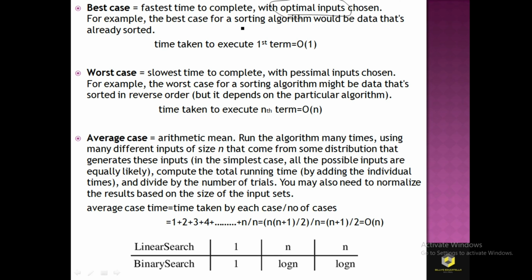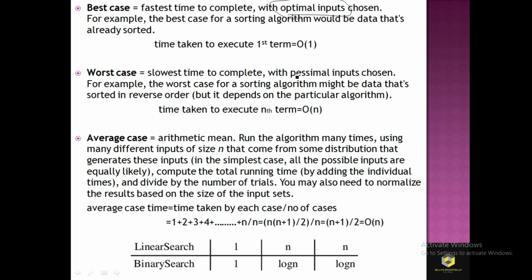For example, the best case for a sorting algorithm would be data that is already sorted. When the data is already sorted, the time complexity will be the best case scenario, so the time taken to execute the first term is order of 1.